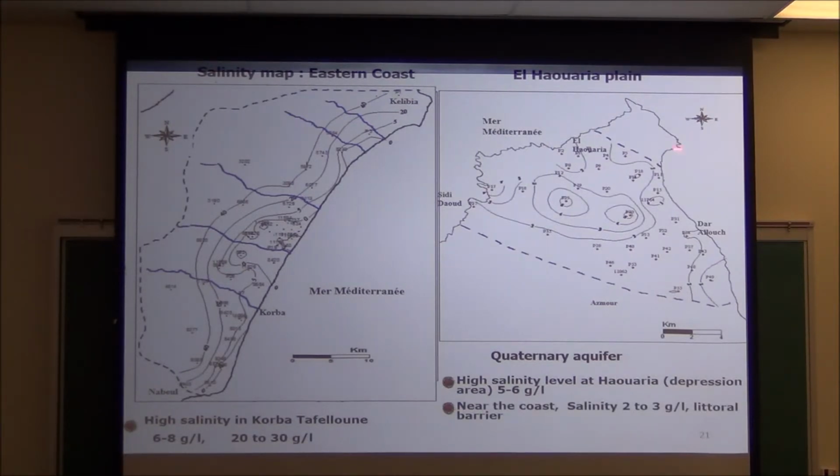Near the coast, the salinity is about 2 to 3 grams per liter, and this low salinity is protected by the littoral barrier composed of the Tyrrhenian. It's a geologic formation of the Quaternary.